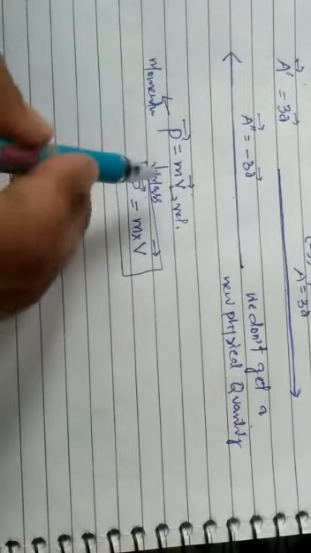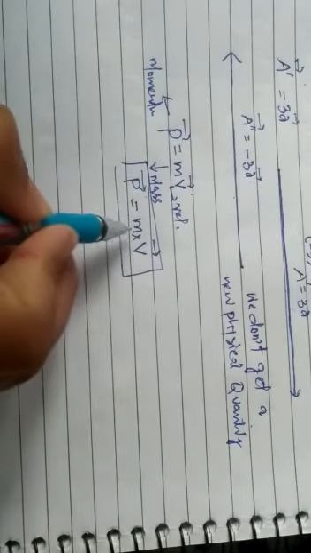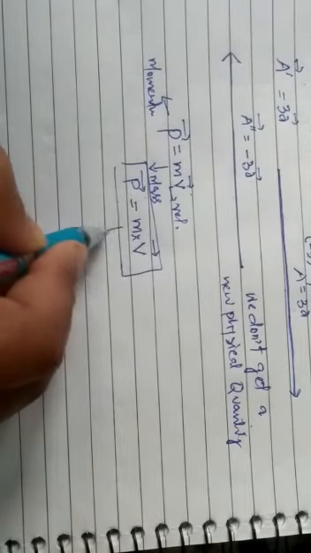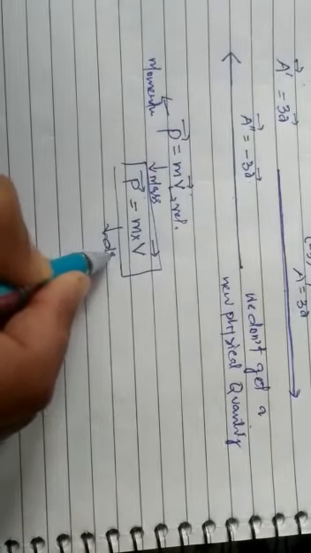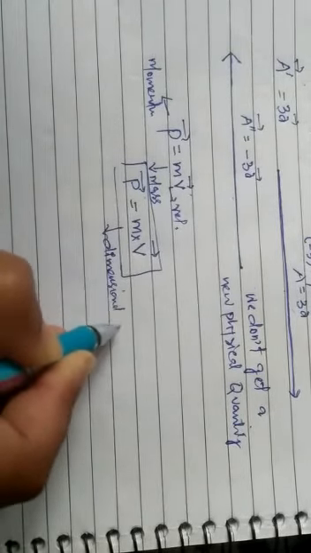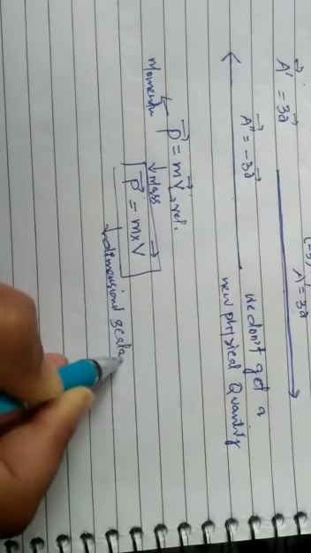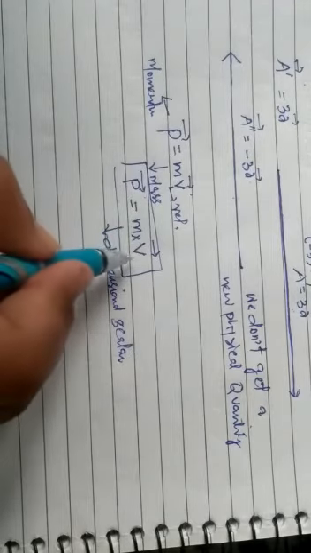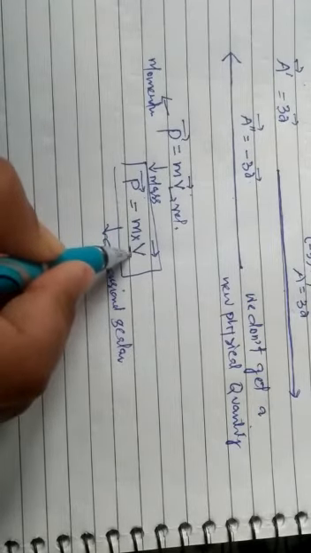So once a vector is multiplied by a scalar, and this is called a dimensional scalar, because mass has dimensions and units, a dimensional scalar. The vector quantity we took here was velocity.